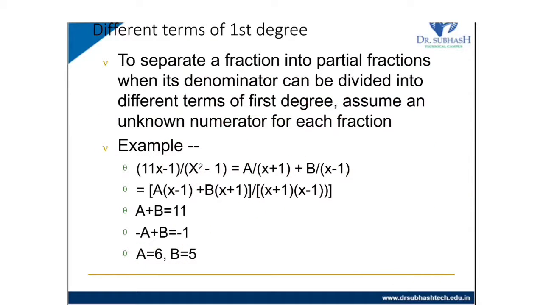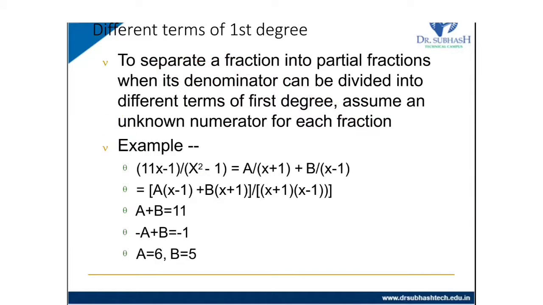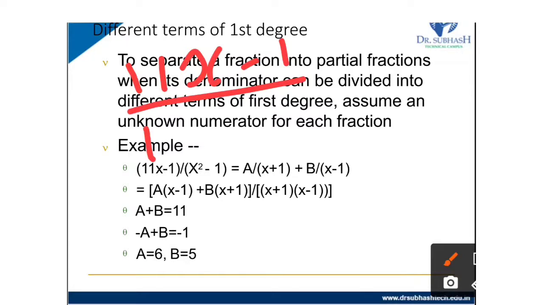So here we get b equal to 5. Again, the equation is 11x minus 1 divided by x plus 1 and x minus 1. We calculated for x minus 1, it is b equal to 5.